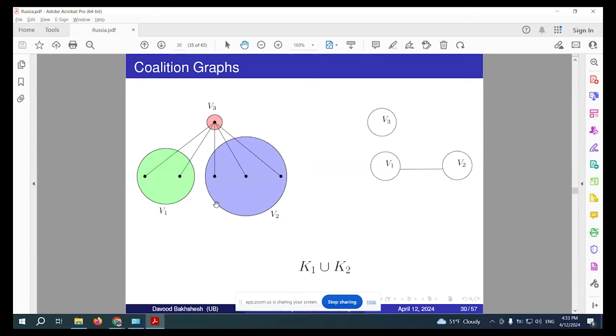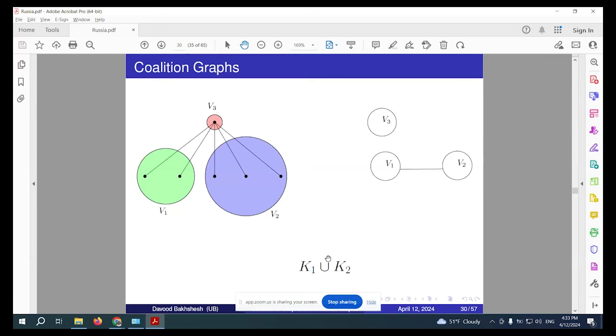But V1 and V2 form a coalition. In the right side figure, you can see the graph related to this coalition partition. V1 forms a coalition with V2, but V3 has no coalition with them because V3 is a dominating set.